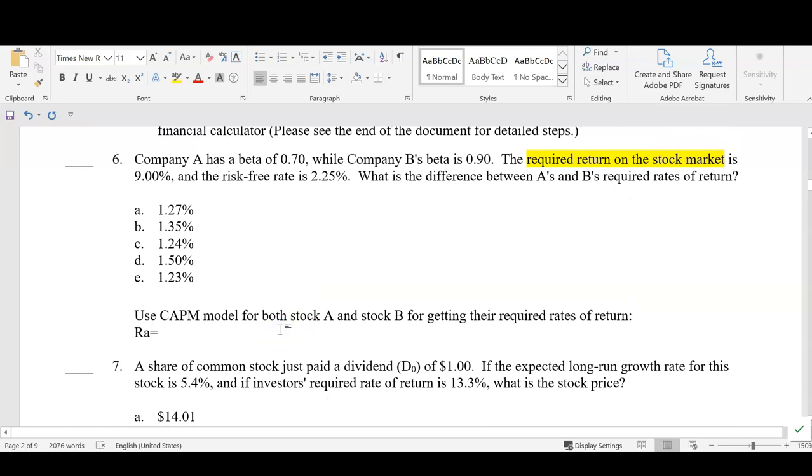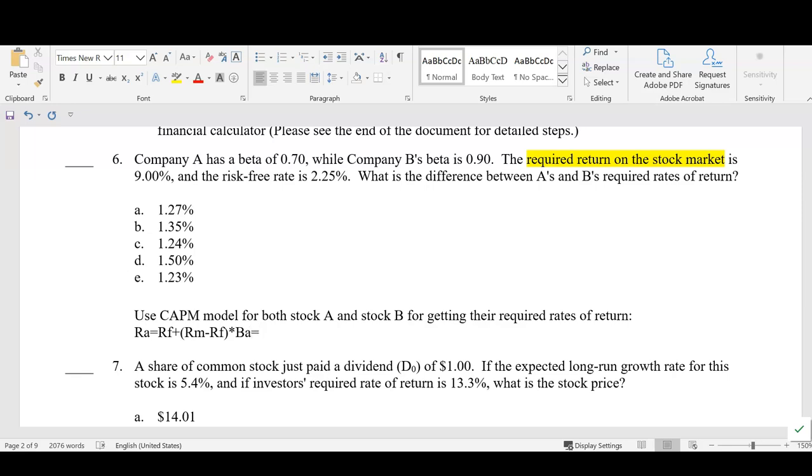For stock A, RA equals RF, risk-free rate, plus RM, market return, minus RF, risk-free rate, multiplied by beta of A, BA.